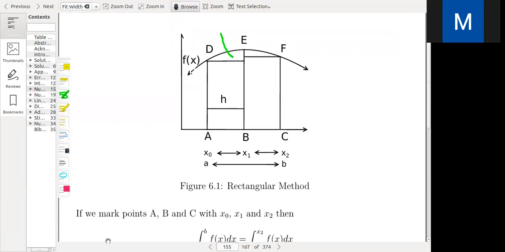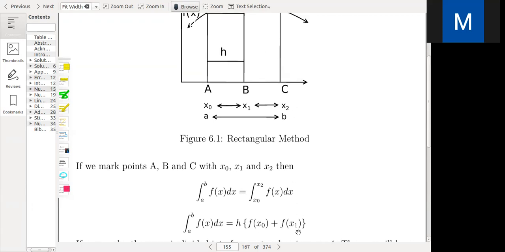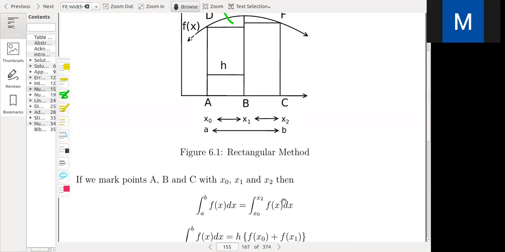Now, if we mark points A, B, and C with x0, x1, and x2, then we can write the integration from A to C of f of x dx is equal to the integral from x0 to x2 of f of x dx. And then the area of the first rectangle is f of x0 into h, plus the area of the second rectangle is f of x1 into h.